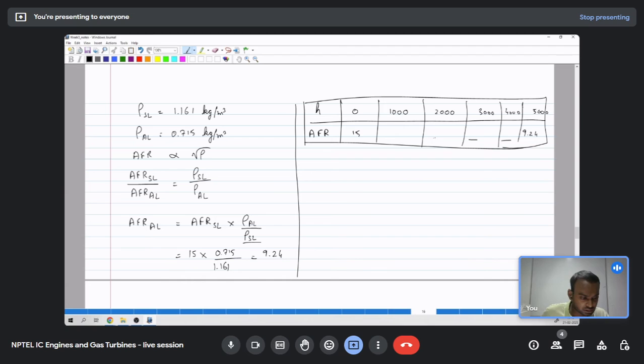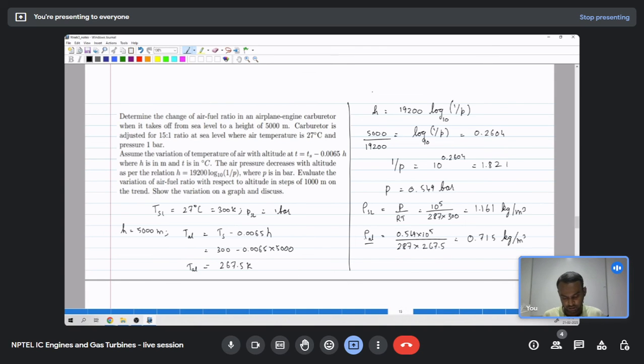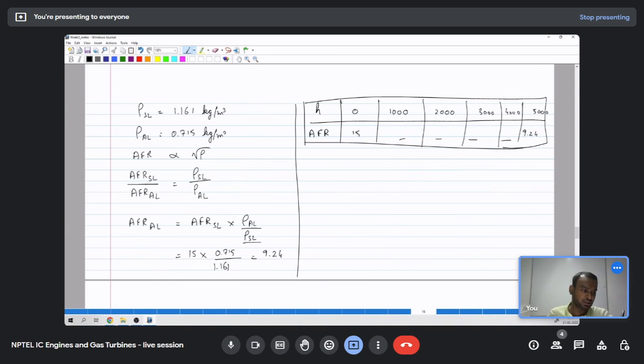We can fill in the other values using the relations. We cannot directly interpolate because temperature varies linearly, but pressure doesn't vary linearly. It has log terms in it, so we cannot take a direct interpolation and fill this table.